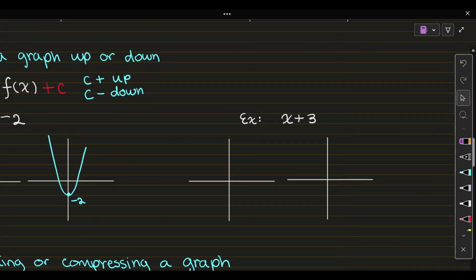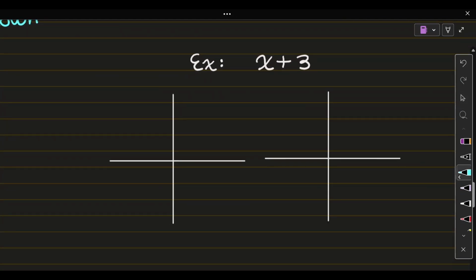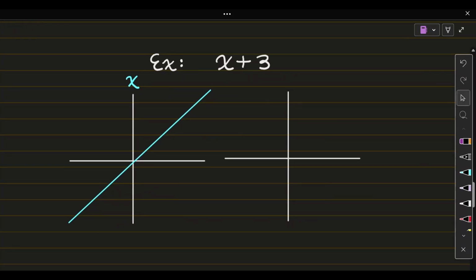Okay? Now I have x plus 3. So my parent graph is just x, and that is a line that passes through the origin. X plus 3 is just take that line, and instead of having it touch at the origin, have it touch 3 units up.